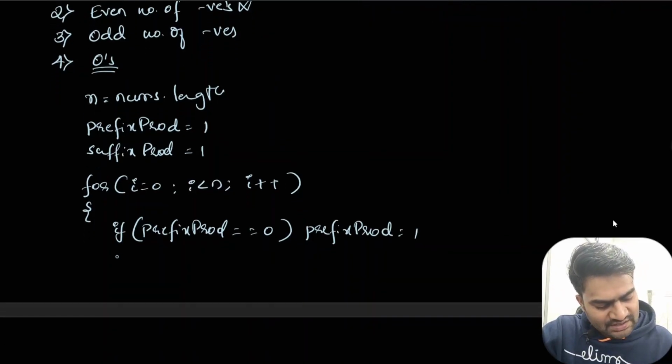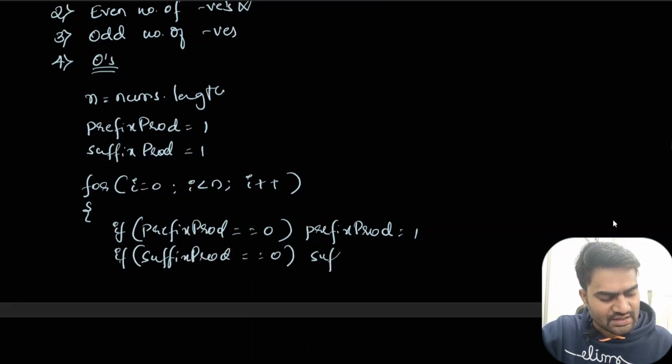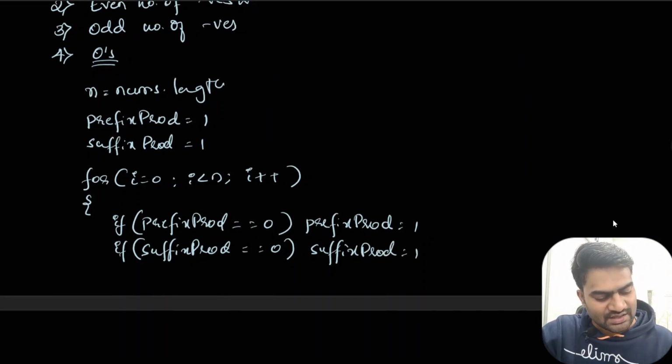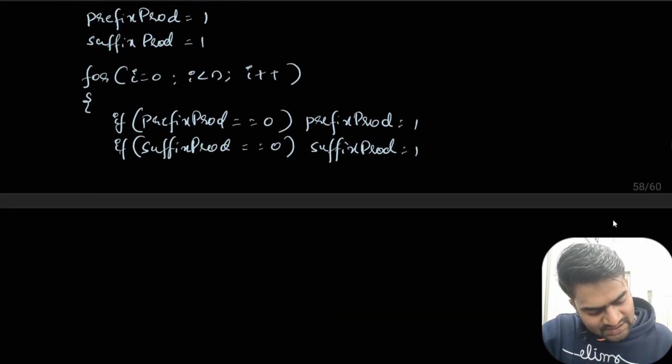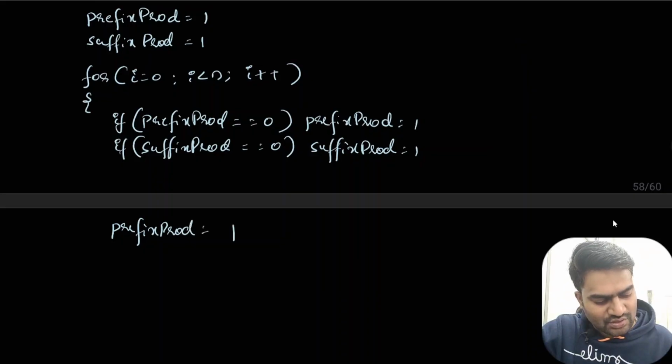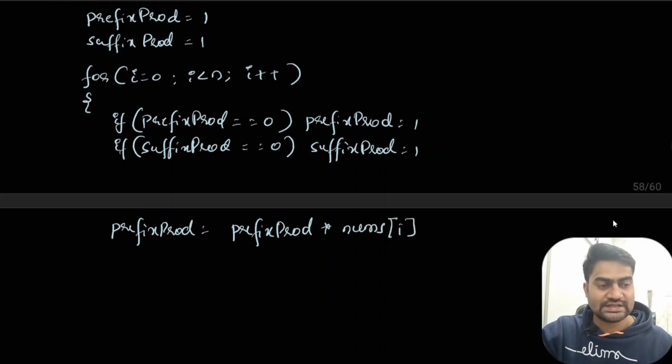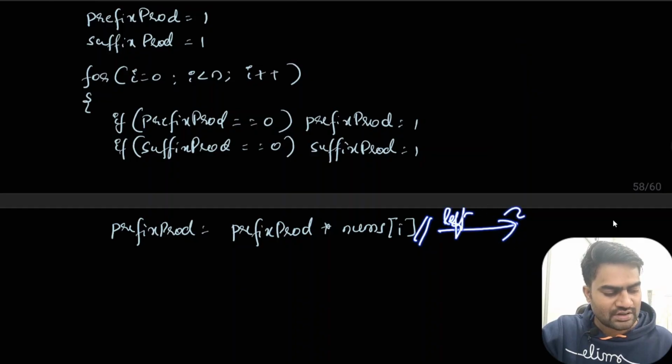Okay, similarly for suffix product, if it is equal to 0, then my suffix product will be reset to 1. If that is not the case, then I will calculate my prefix product equal to prefix product into nums of I, because this one I am traveling from left to right.